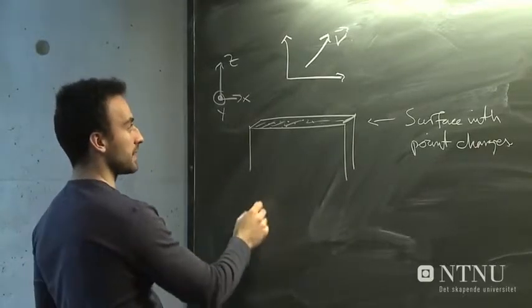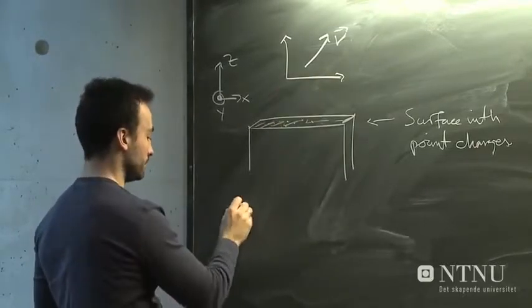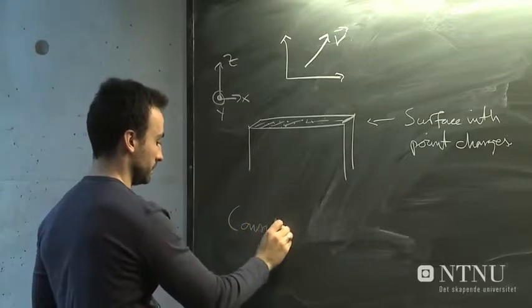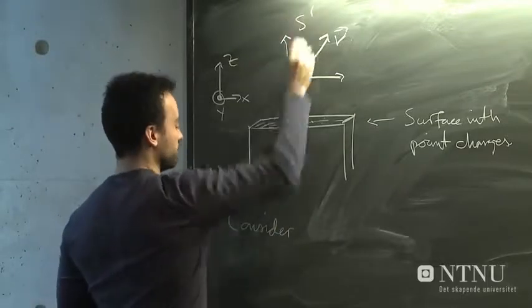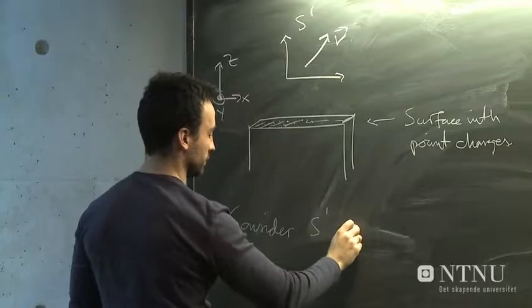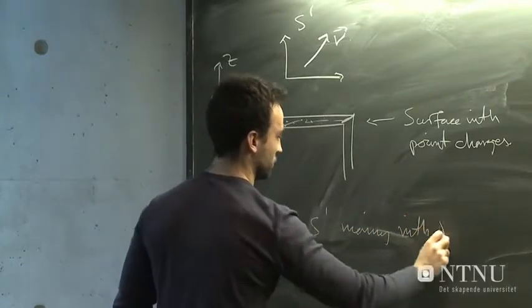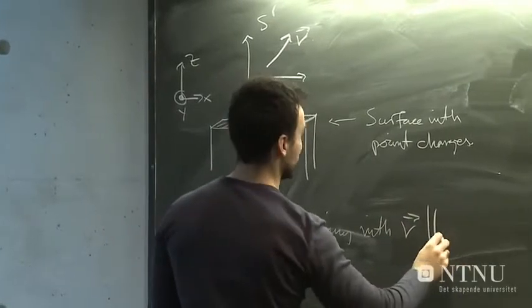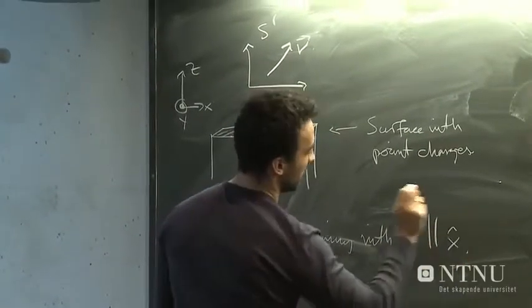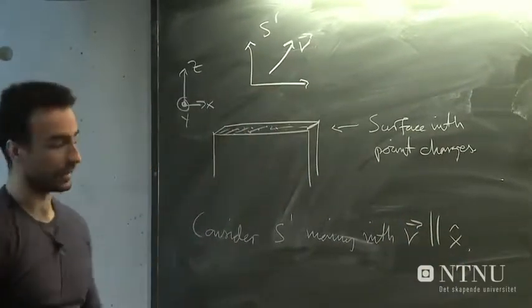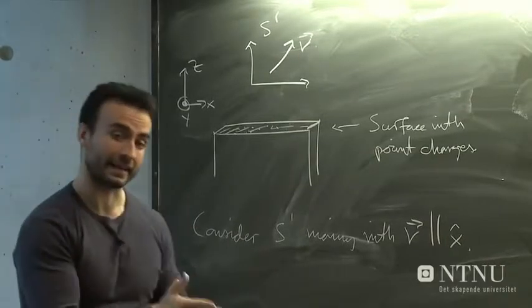So what happens if this coordinate system, S prime, moves with velocity along the x-axis?